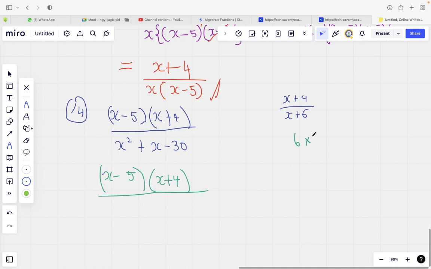6 and 5. So which one are we going to put negative? The one that is smaller, so that we can get positive 1. So if I put 5 here, 6 times negative 5, I'll get negative 30. And if we say 6 plus negative 5, which is equivalent to 6 minus 5, we get positive 1. So it means these are the two factors.